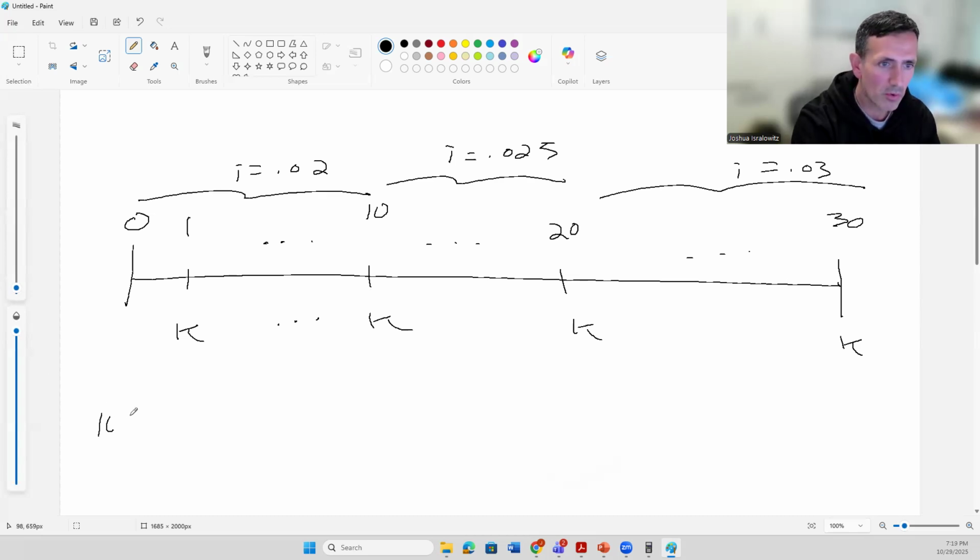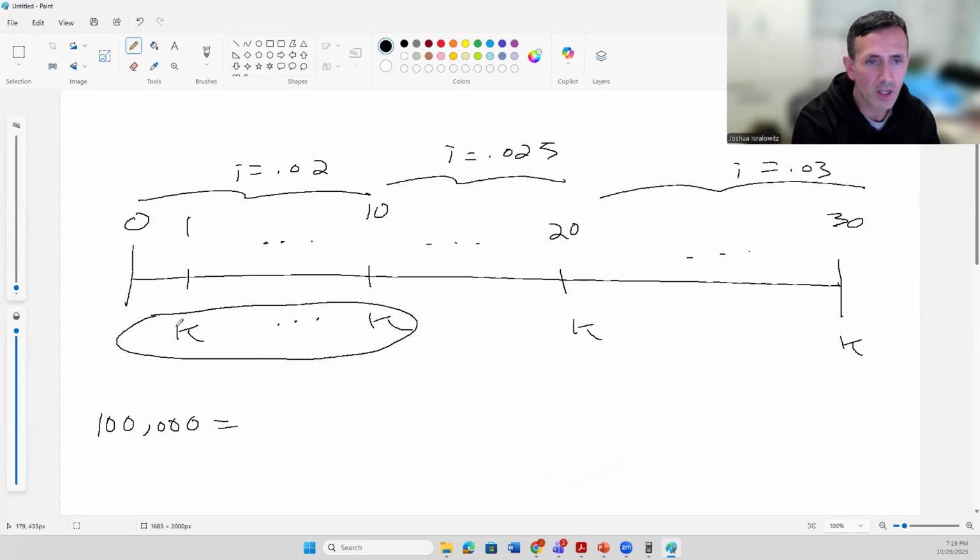So first of all, the loan amount is 100,000, so that's the present value. I'll do the first 10 in black here, so really nothing here. Then the present value of these 10 payments at 2% is K a angle 10 at 2%. I'll do these in red, I guess.